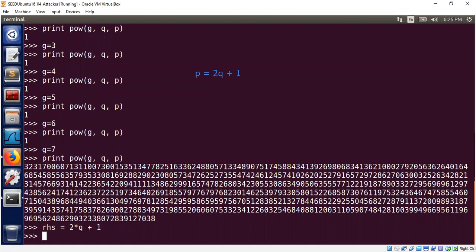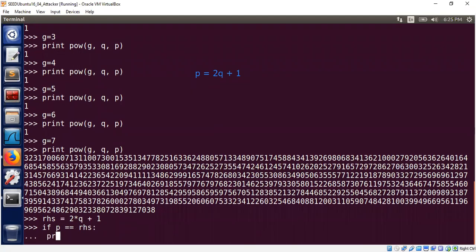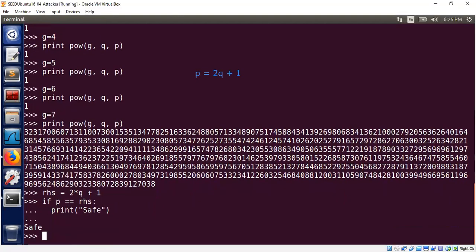Let's see if P is equal to it. Print safe prime. Yes, it's a safe prime. We confirmed it. So the data given in the RFC is a safe prime, just to be clear.